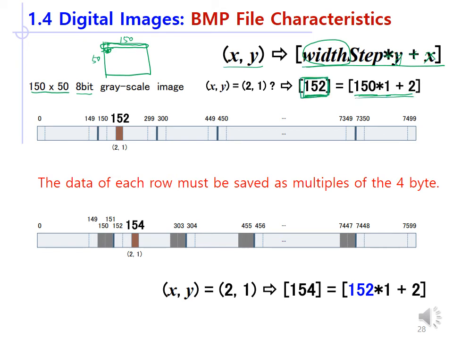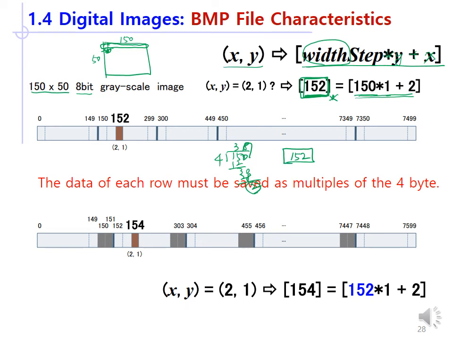So it looks like a correct answer, but in a BMP file it is wrong, because the width should be a multiple of 4 bytes. 150 cannot be divided by 4. So the next number that is a multiple of 4 is 152.